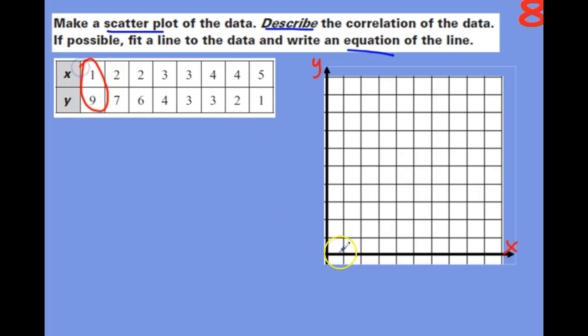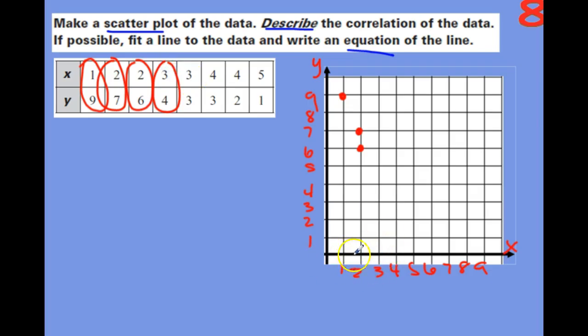So our first point, 1, 9. So x is 1, y is 9. So 1, 9 would be right there. Then 2, 7. X is 2, y is 7. Then 2, 6, right below it there.